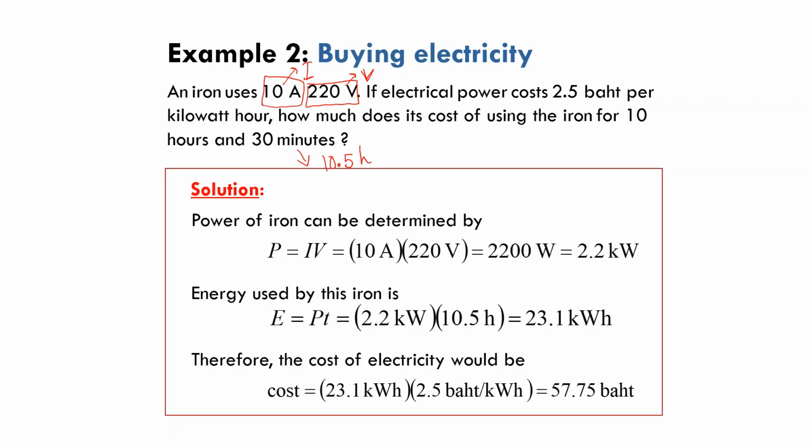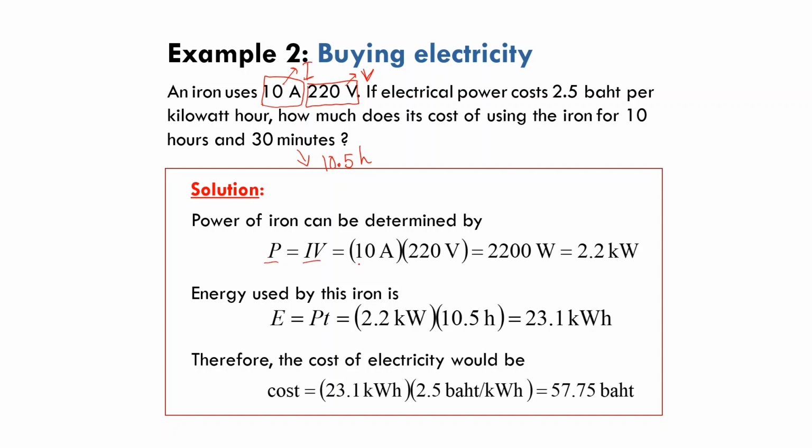Now we know that to calculate how much we have to pay, we have to use power. But in this case, the exercise doesn't tell you the power, so we have to find it. We know that power P equals IV.